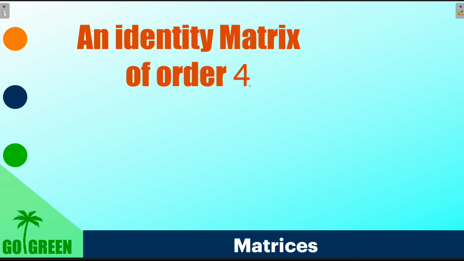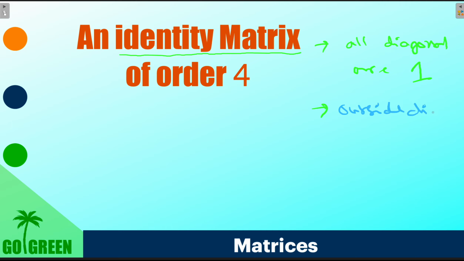So an identity matrix of order 4. Identity matrix means all diagonal entries are 1, okay? Outside the diagonal, all are zero.